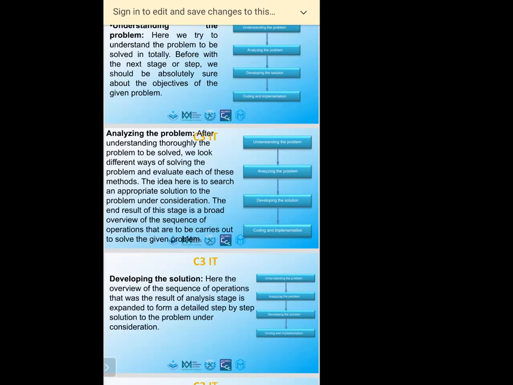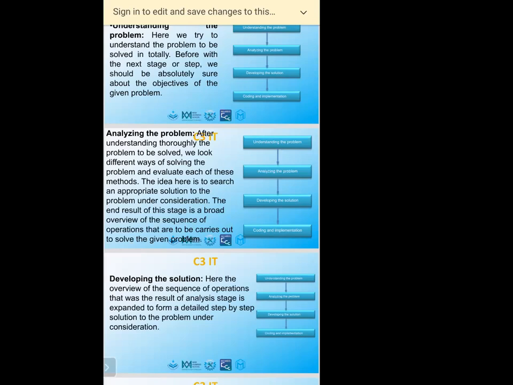So step by step writing the solution, that is called analyzing the problem. First is understanding the problem. For example, I want to make a karudiya. Okay, I know karudiya. So understanding the problem is done. The second one is analyzing the problem.